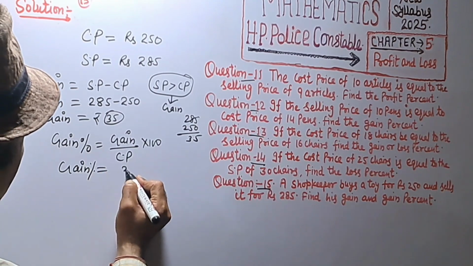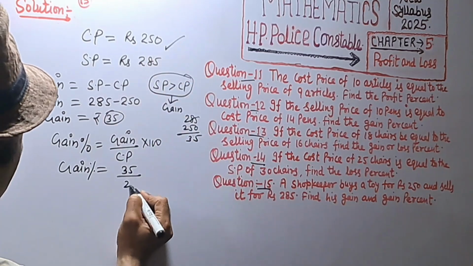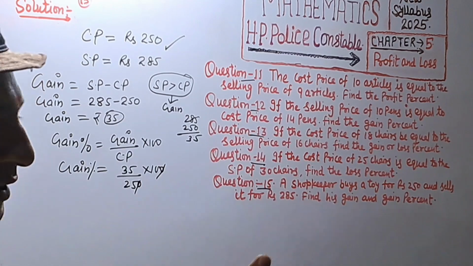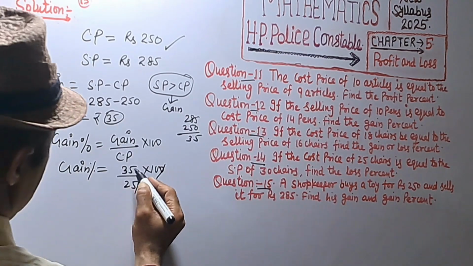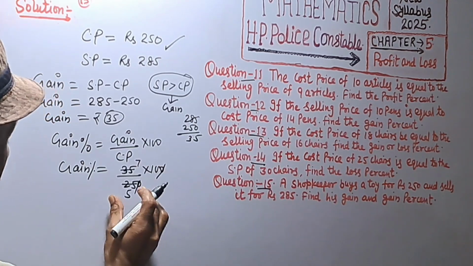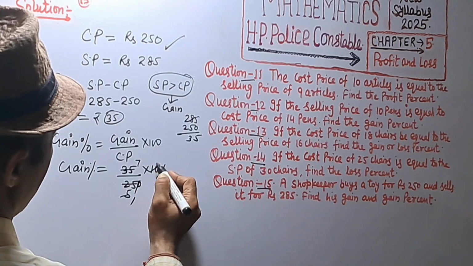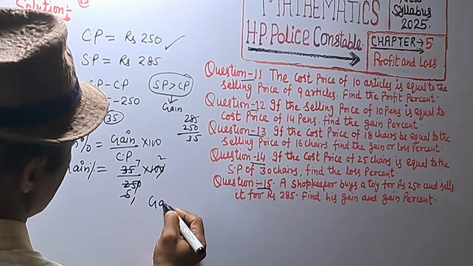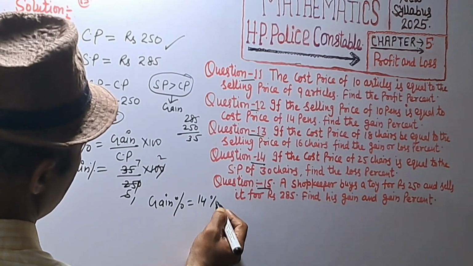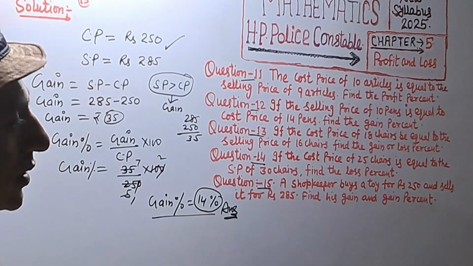Gain percent is 35 upon cost price is 250 multiplied by 100. 0 is cancelled. 7 5s are 35, 5 5s are 25, and 5 1s are 5, 5 2s are 10. Gain percent equal to 7 2s are 14%. Answer.